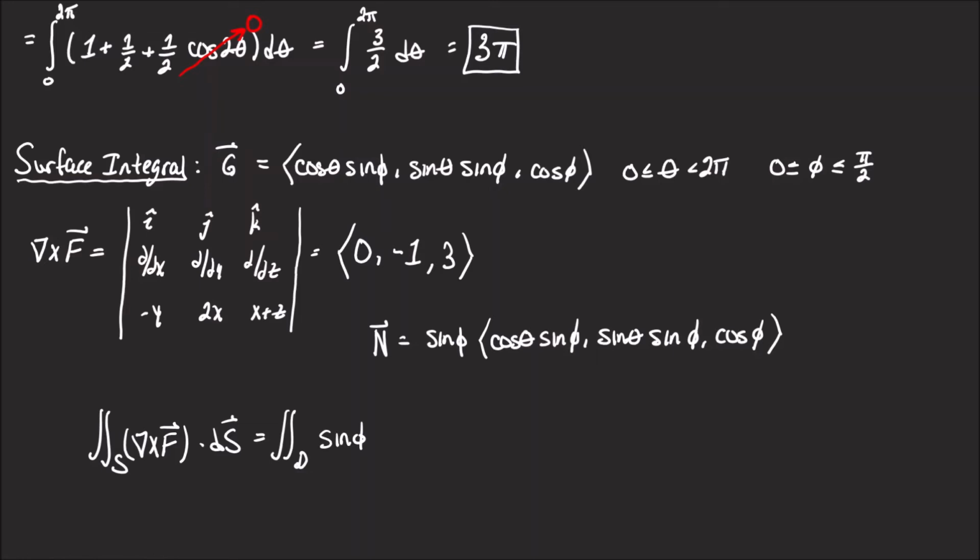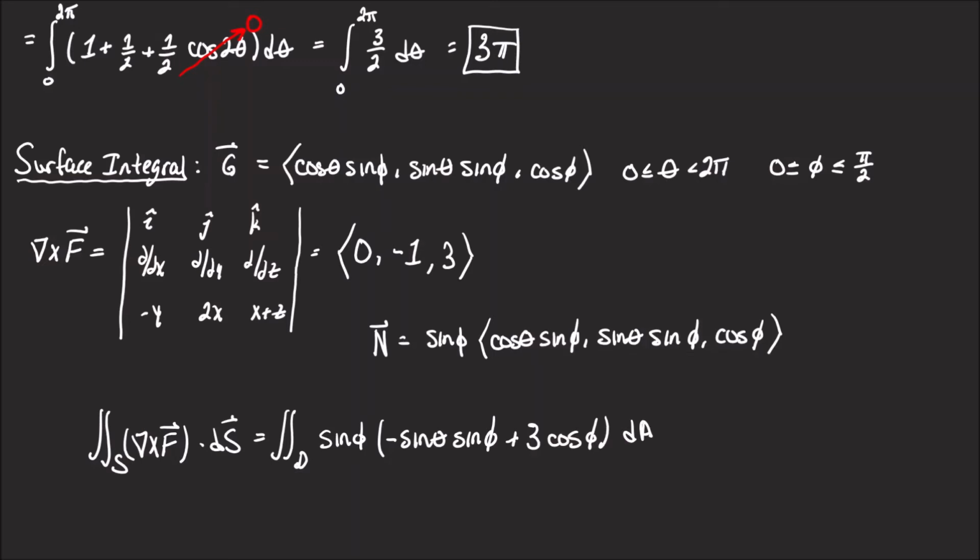So it'll be sine of phi times 0, negative sine theta sine phi, then plus 3 cosine of phi dA.